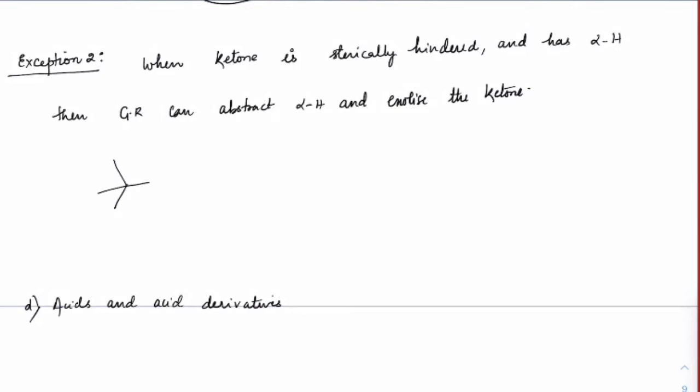Suppose if we have C double bond O and we have one hydrogen here, and if we have R minus MgX plus, see this R minus could be simple ones like CH3 minus or C2H5 minus, got it?